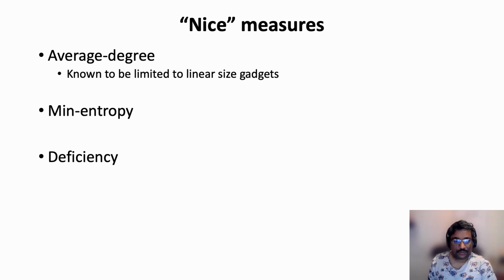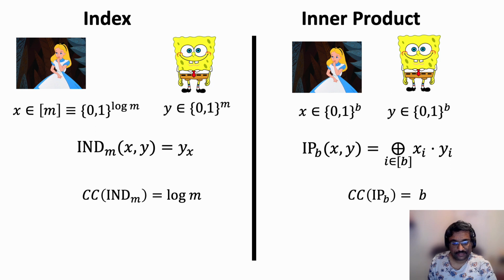So the disperser property is also a function of the gadget and not just the nice structures, nice measures. So we introduce the two gadgets which are very commonly used in lifting theorems. One is the index gadget and the other is the inner product gadget.